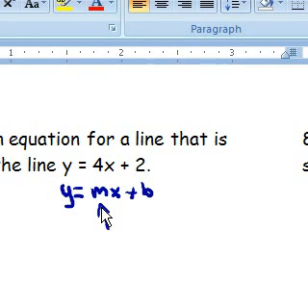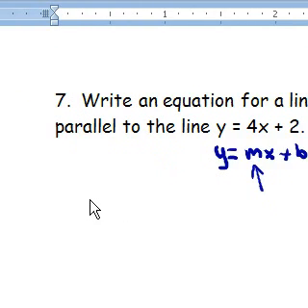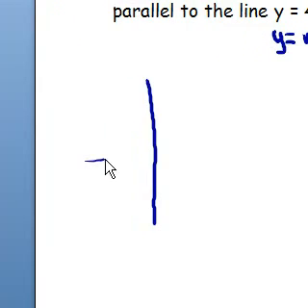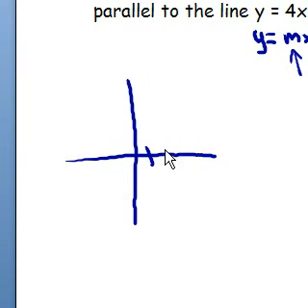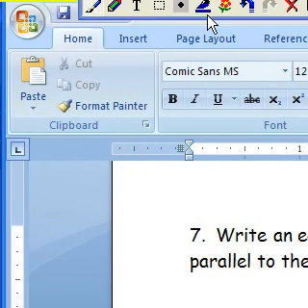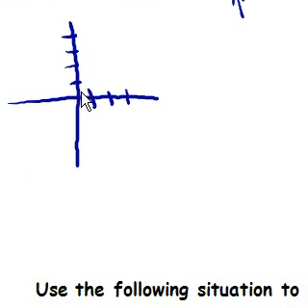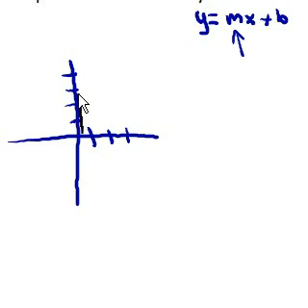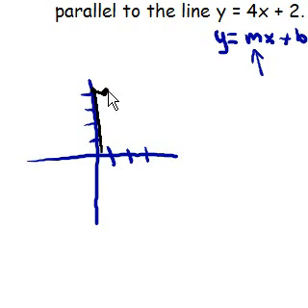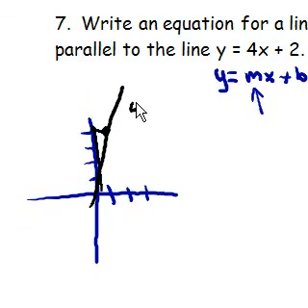It represents the rise over the run. So a slope of 4x would look like this. Up 1, 2, 3, 4 over 1. So I just graphed 4x right there.